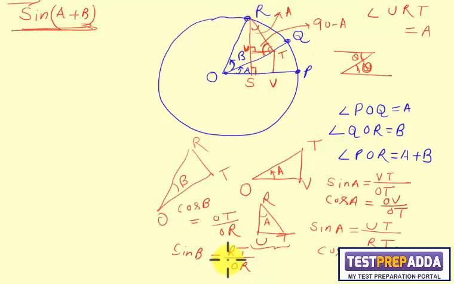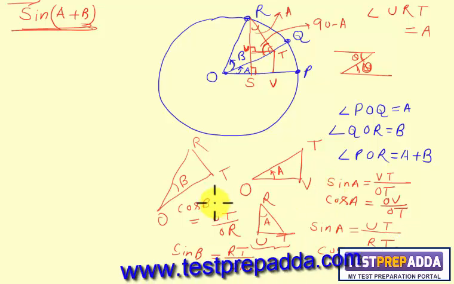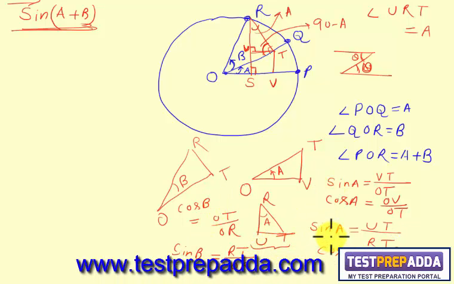So now, the question you may ask is, why have we found these sines and cosines? I have found these trigonometric ratios, and this will help us in getting sine A plus B. Now how?